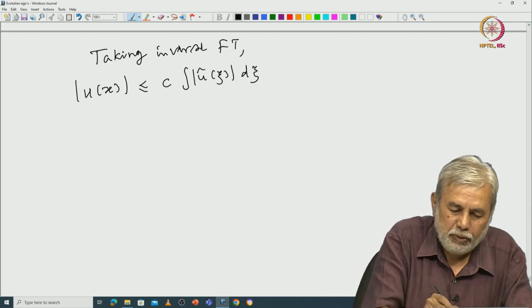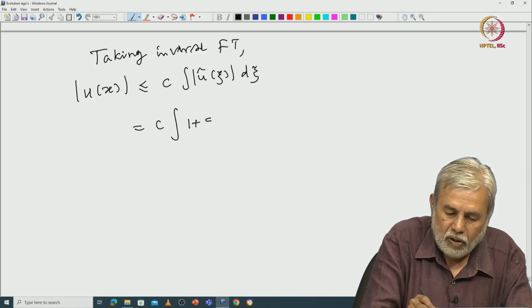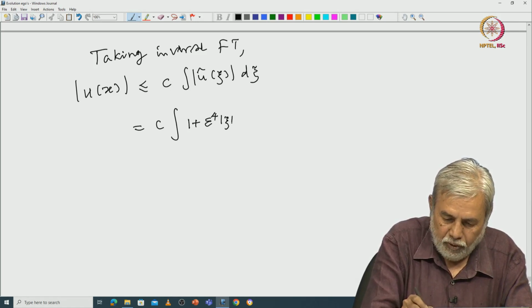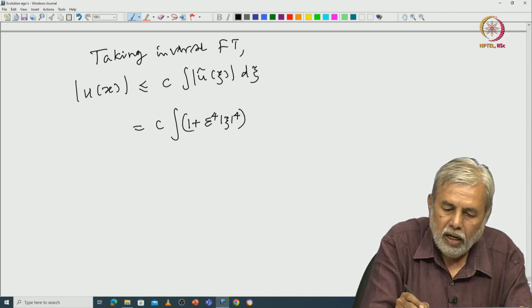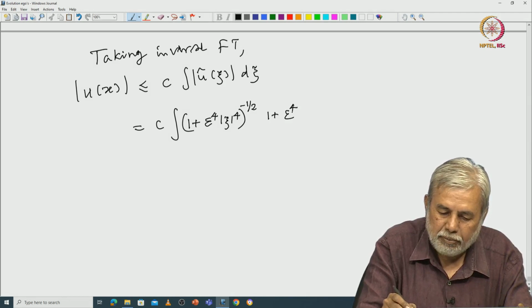Now, I write this as C times 1 plus epsilon 4 mod chi to the 4, to the minus 1 half, times 1 plus... You pick any epsilon positive and just multiply and divide by this factor.